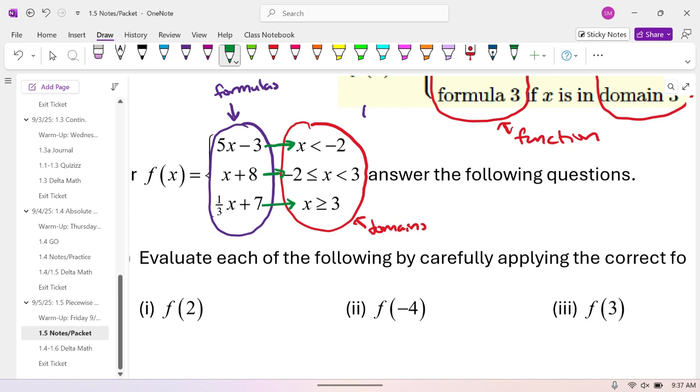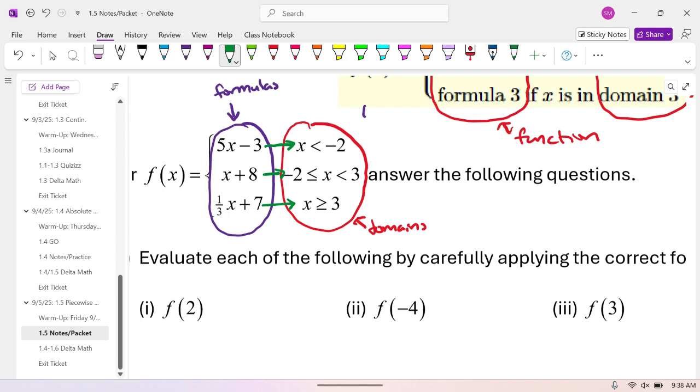Now, whenever we're evaluating a piecewise function, you always start with the domain. Because essentially the domain is going to tell you which function you're going to plug that number in for x for.